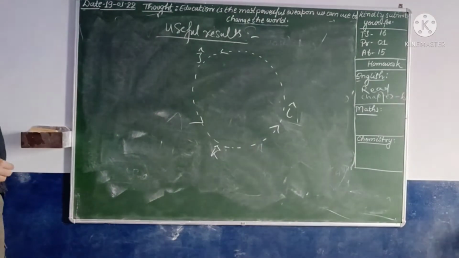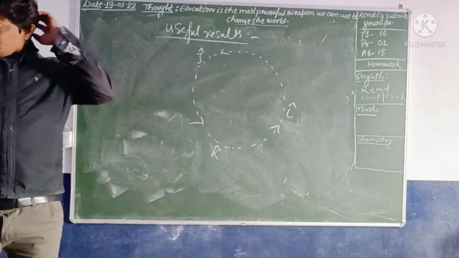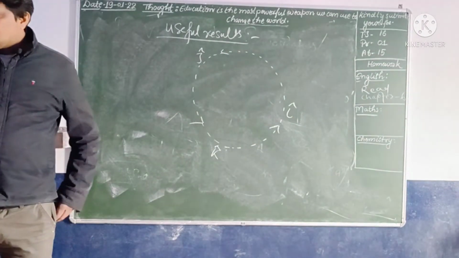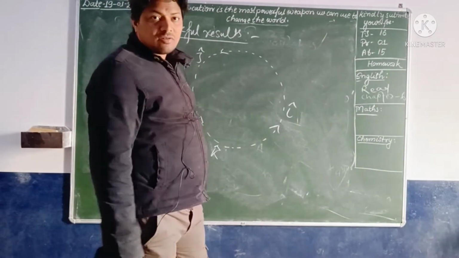I cap, J cap and K cap. Here I cap, J cap and K cap. Clear? Here I, J and K are mutually perpendicular to each other.